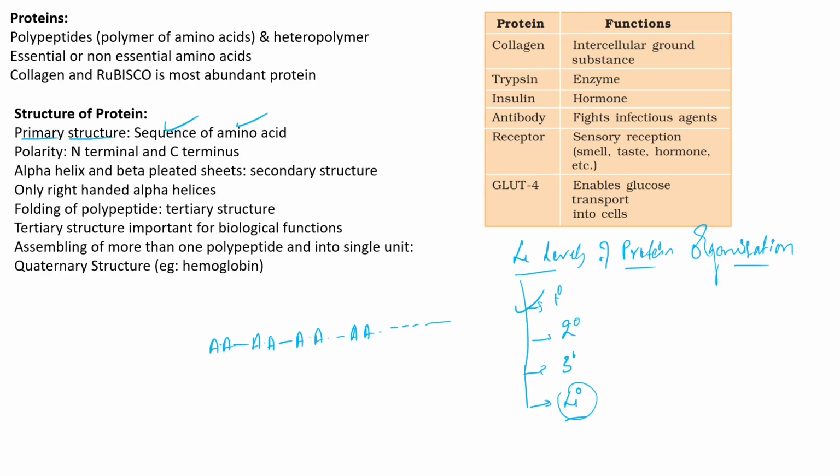Now the sequence: which amino acid is present at the first position, next to it the second amino acid, then the third, and the fourth position. If we look at the sequence of amino acids one after the other, we call it the primary structure.